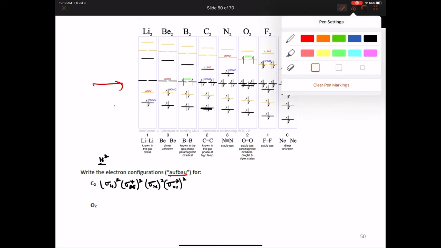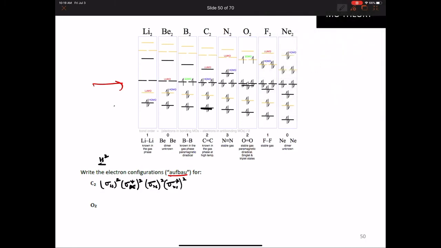Different ways to do this. We could say pi 2p and put 4 there. Or let's just say we're using the pi 2py and pi 2pz, and then we'll put a 4. There's different ways you can write this. There'll never be a question about which way is better, but you need to be able to explain that there's 4 electrons in the pi 2p MOs.